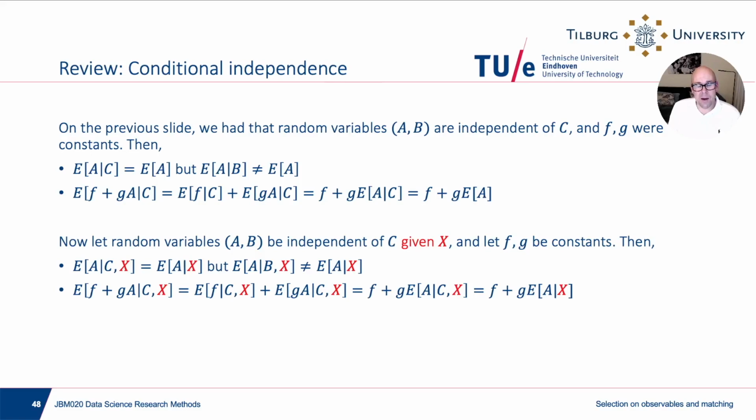So going back to the advertising example, full independence means that for everybody, treatment status is randomly assigned with a certain probability, and conditional independence means that this is only true within groups.